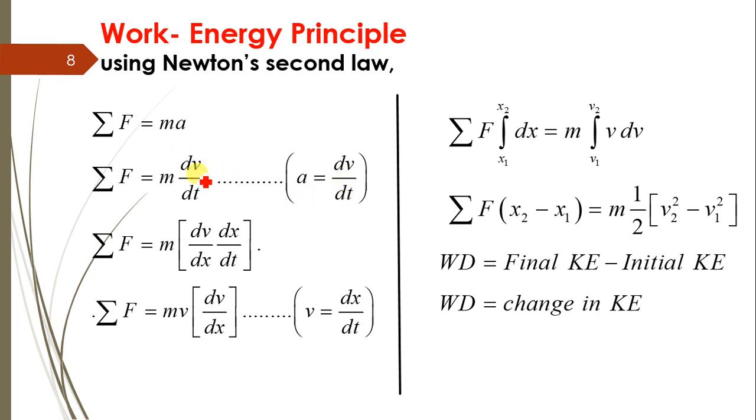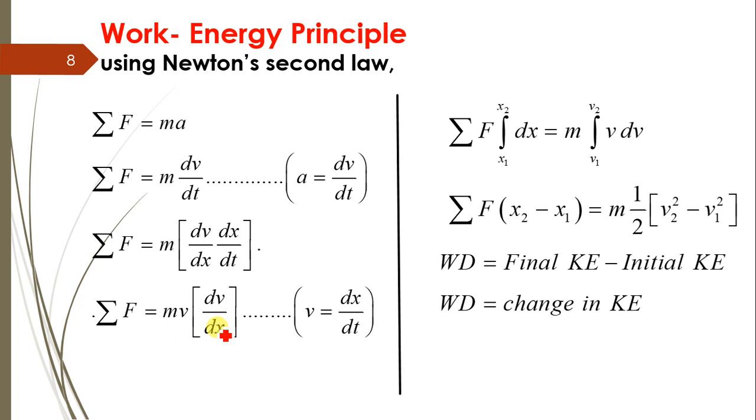Substituting a as dv by dt, then summation of F equals m into dv by dt, multiplying and dividing by dx. Further this simplifies to m into dv by dx, and dx by dt is nothing but the rate of change of position with respect to time, that is v equals dx by dt. So the expression becomes summation of F equals m v into dv by dx.